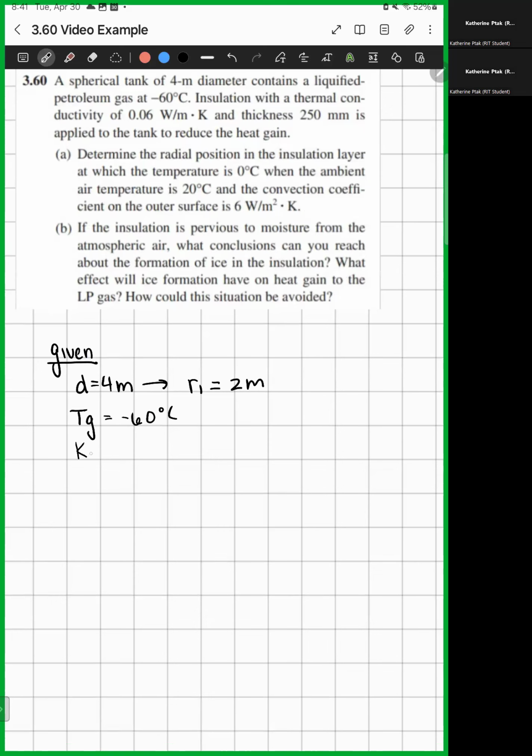We have K of the insulation, which equals 0.06 watts per meter Kelvin. And we have the thickness of the insulation, which equals 250 millimeters, which equals 0.25 meters.